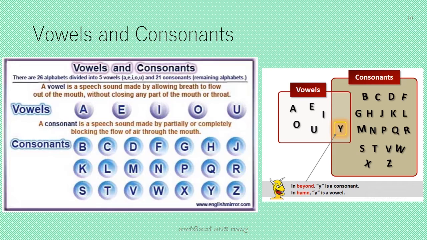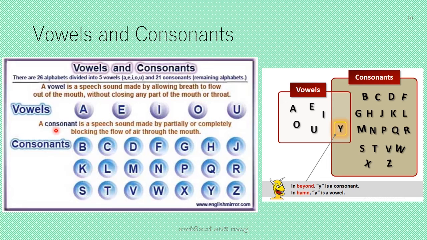Whatever breath we have when we are reading these letters, we are not blocking it by our lips or by our teeth. So there is no blocking. We are simply opening our mouth and pronouncing these letters.